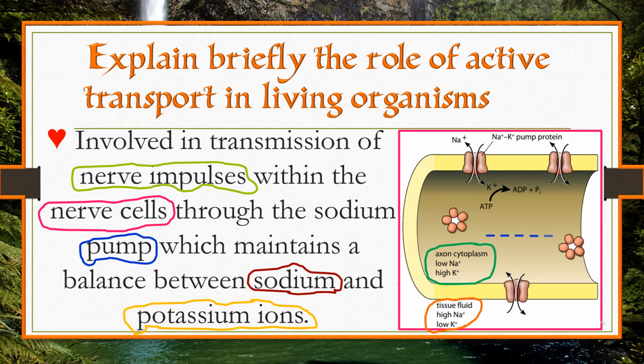Now, that means that the low concentration of sodium ions in the axon cytoplasm and the high concentration in the tissue fluid makes the inside of the axon or the nerve cell become negative, because it has got low concentration of sodium ions compared to the tissue fluid.